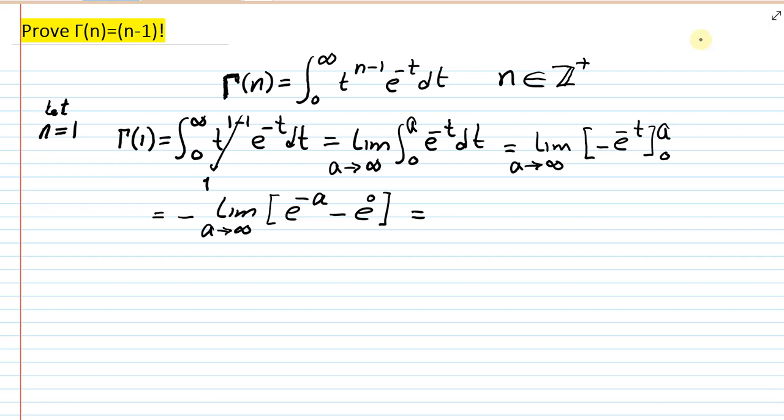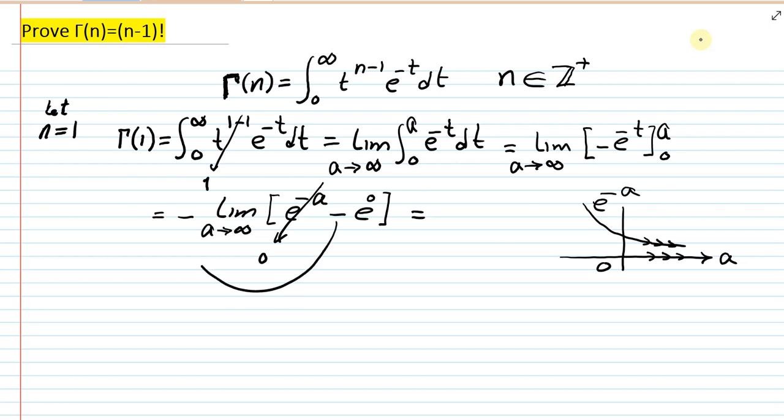Now, the limit of e to the negative a as a goes to infinity: just to show you a graph here, this is what the graph of e to the negative a looks like, assuming the a-axis is the horizontal axis. As a goes to infinity, the function approaches 0. So this part of the limit is 0.